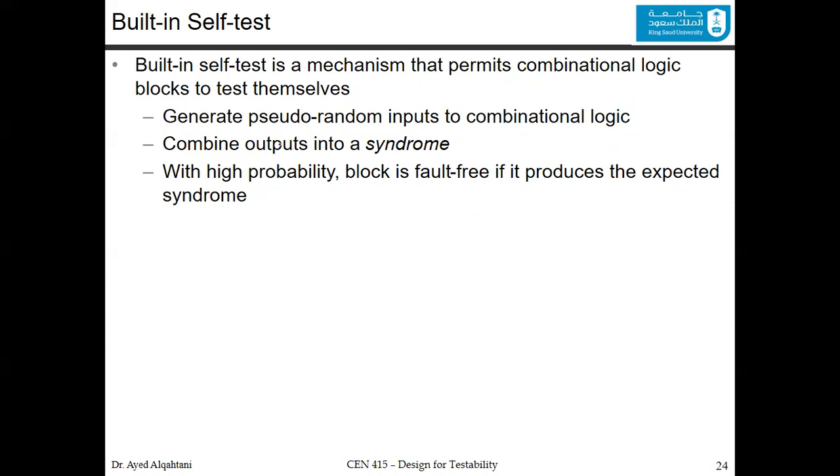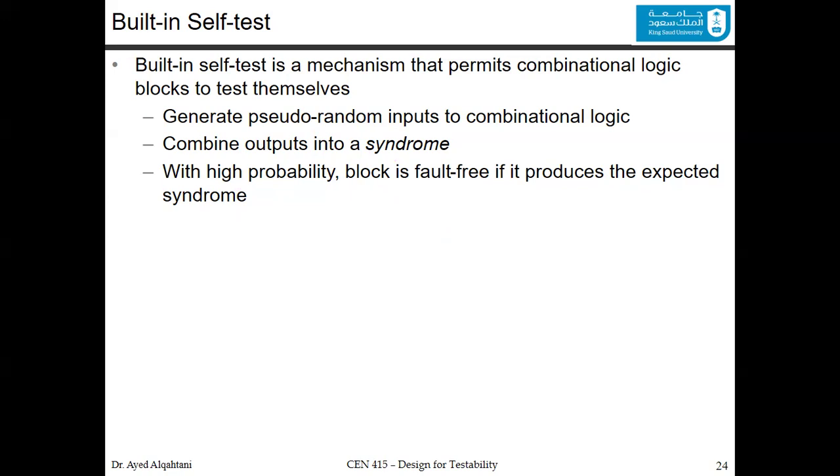And then you combine the outputs into a syndrome, and we are actually taking the word and the method also from the medical field. You combine the output into a syndrome, and with high probability, the block is fault-free if it produces the expected syndrome. So you will have a real syndrome and an expected syndrome, and you compare them against each other.